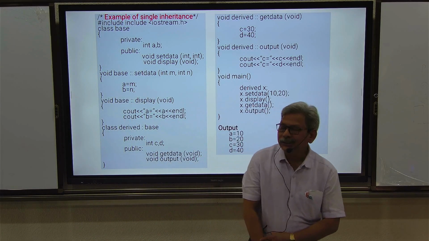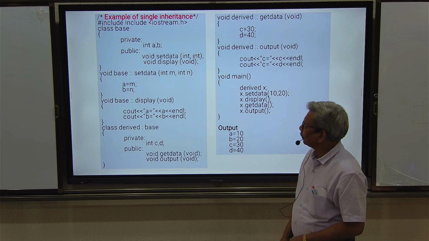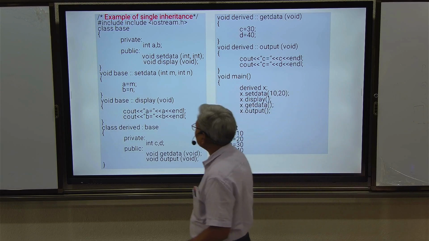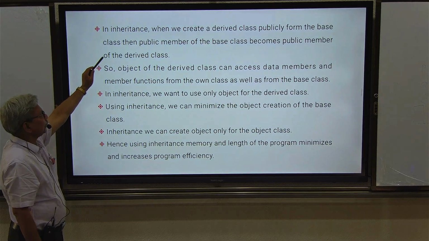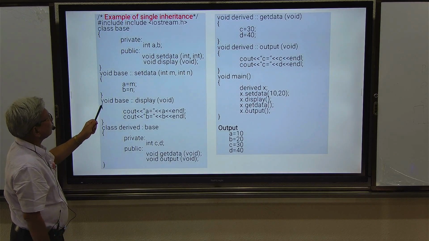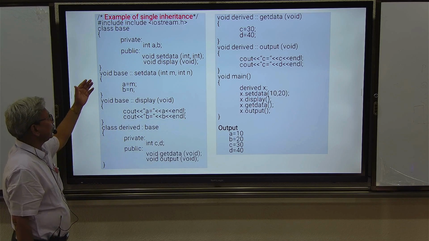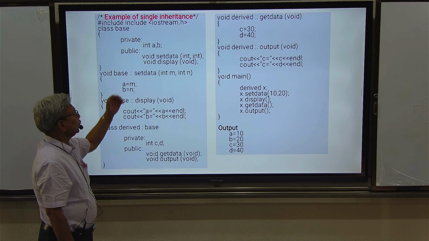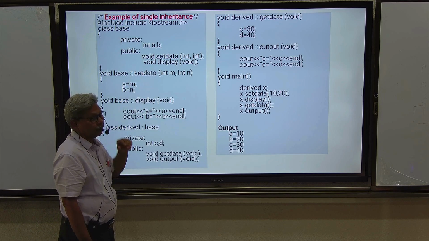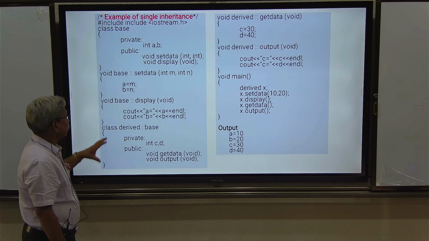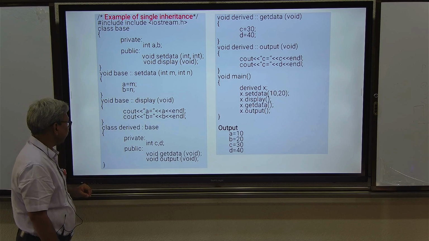So, consider one example of single inheritance. I have taken one base class, and from this base class I have derived another class named derived. In the base class I have taken two data members A and B and two member functions, set data and display. Now, defining these member functions set data and display.